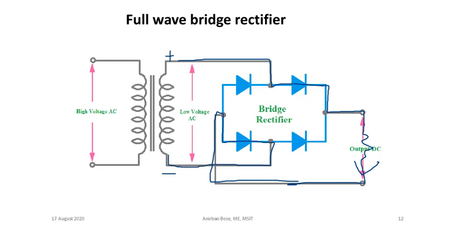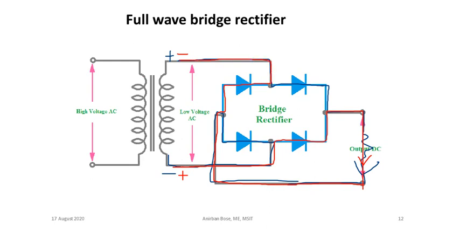Okay, now consider the next half cycle. What will happen? Next half cycle this will become negative and this will become positive. At that time you see that if you consider from this end, that current will flow in this direction, and this is in a forward bias, so current will flow in this direction, and again you see it is going through the load in the same direction, so it is DC, and you see it is in a forward bias.